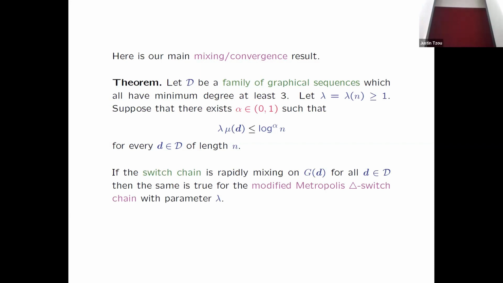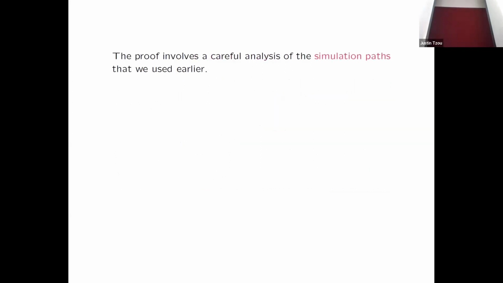If the switch chain mixes rapidly for degrees in this family, then so does the modified Metropolis triangle switch chain. Modified, I'm sneaking in, I'll have to explain what that means. But basically, if the switch chain is okay, then so is the modified Metropolis triangle switch chain. So what's going on here?